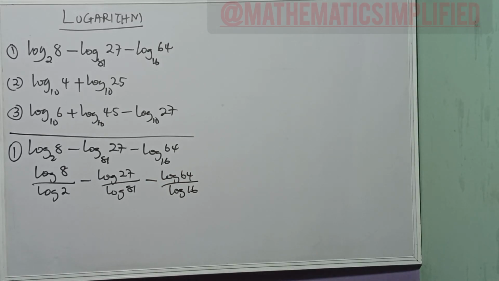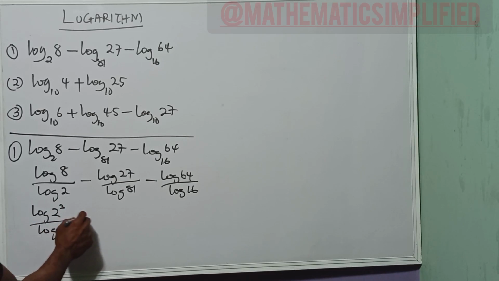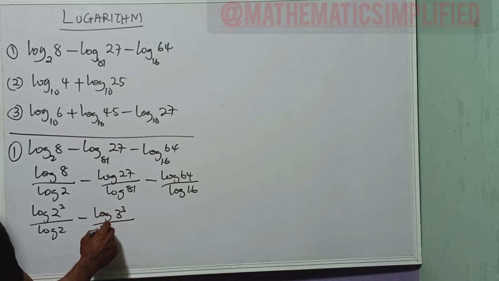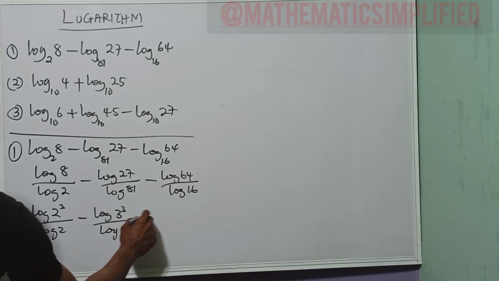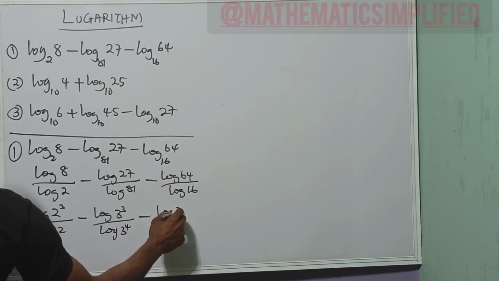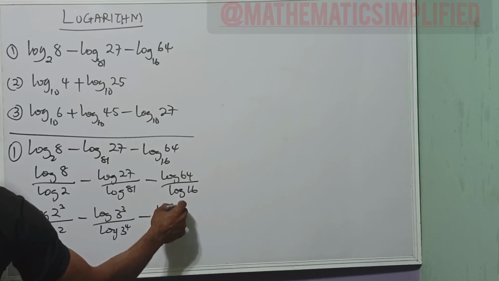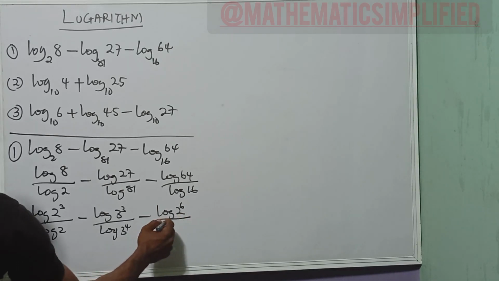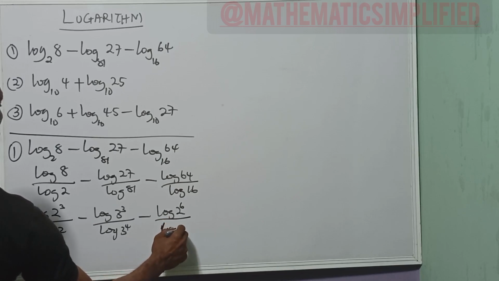From here we can break this down to become log 2 raised to the power 3 all over log 2, minus log 3 raised to the power 3 all over log 3 raised to the power 4, minus log 2 raised to the power 6 all over log 2 raised to the power 4.